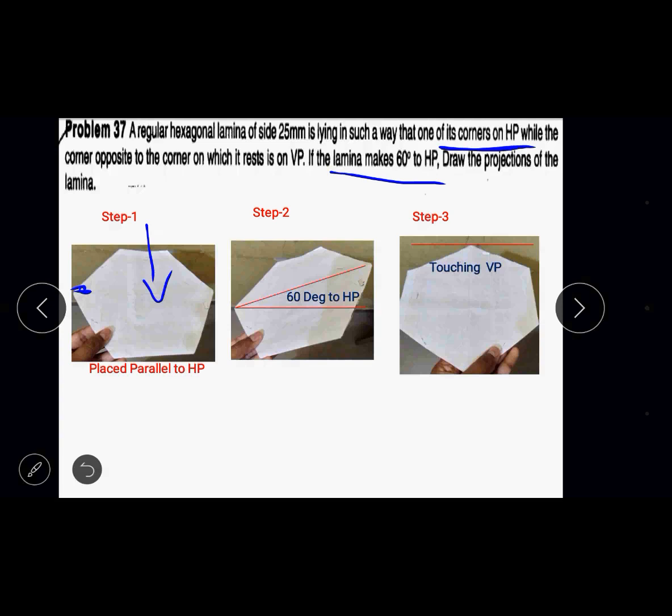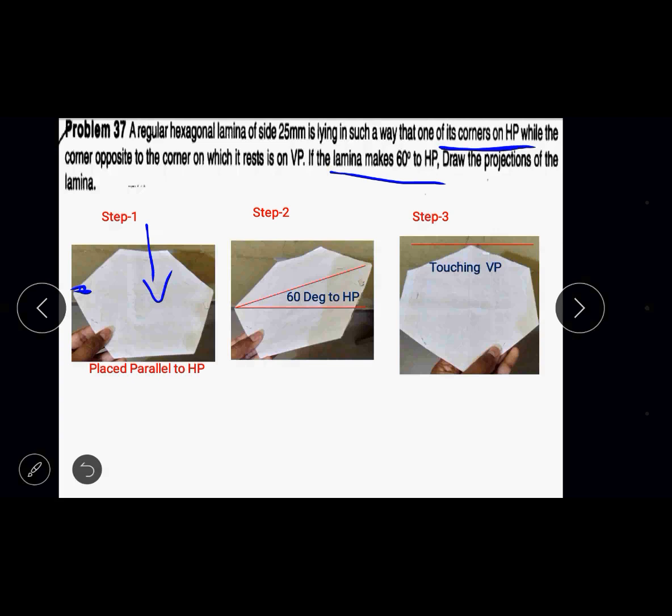Again I'll repeat, since this is an engineering graphics class, you have to imagine yourself and place the lamina in your hand, and by placing the lamina on your hand you will gradually get to know the concept. So this is step 1.